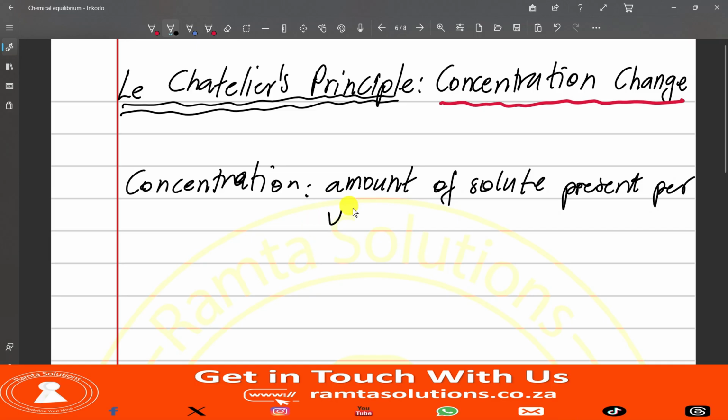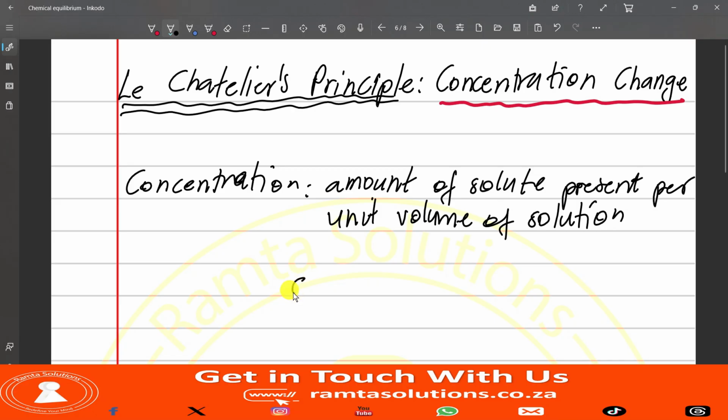Amount of solute present per unit volume of solution. So this is what you know so far.